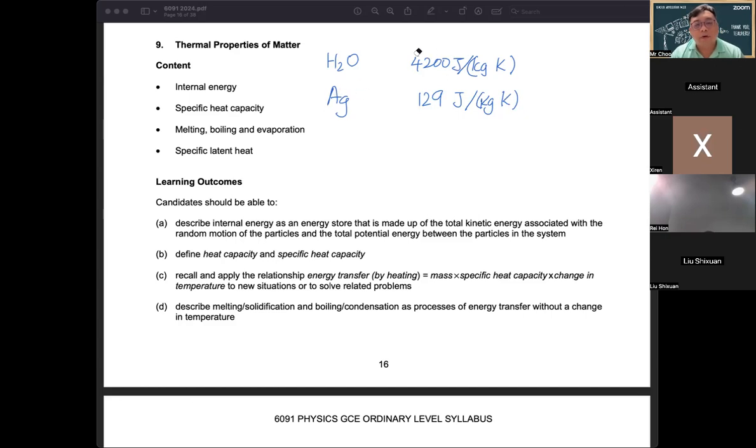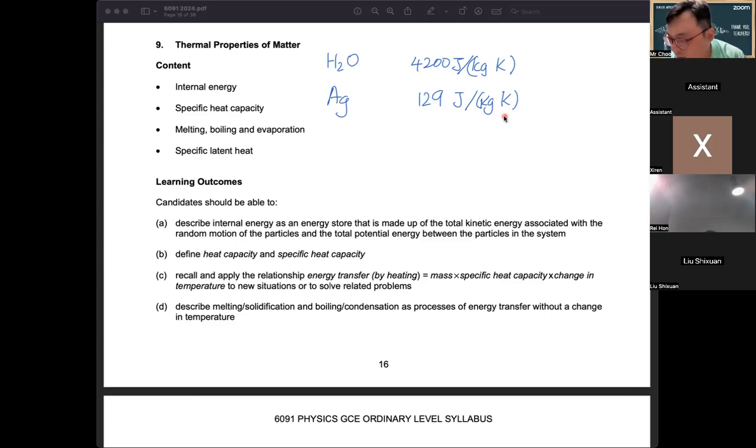Whereas gold, if you supply the same 4,200 joule to 1 kg of gold, it will actually increase by almost 30 degrees Celsius. Can you see that? So that's the meaning of the specific heat capacity. And all the gold in the world will have the same specific heat capacity. Are you clear about this? All the gold in the world will have the same 129 joule per kilogram per Kelvin.